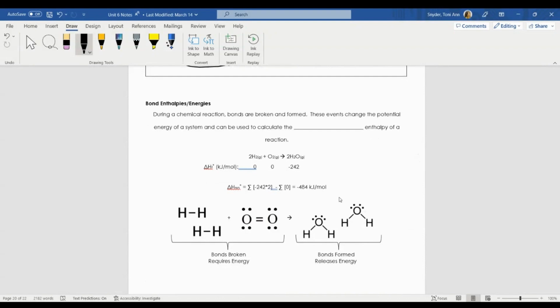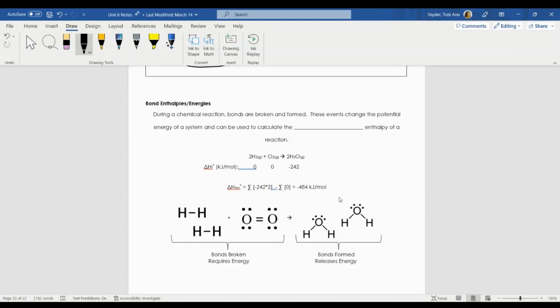Here's another example. We can also figure out the enthalpy or heat of reaction by looking at individual bonds. So not only can we determine the heat of reaction using the enthalpies of formation, we could do it again by looking at how much energy is involved when I break bonds or if I reform new bonds. So let's look at bond energy here.